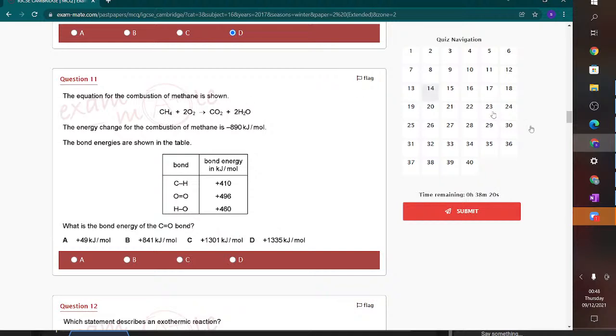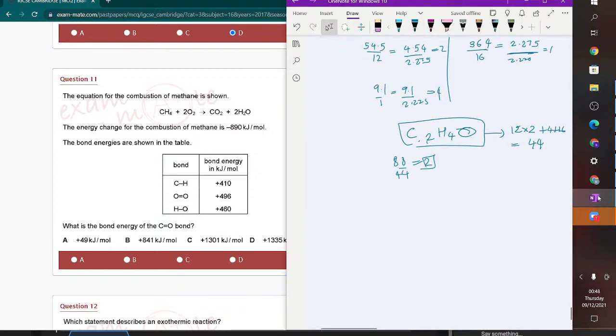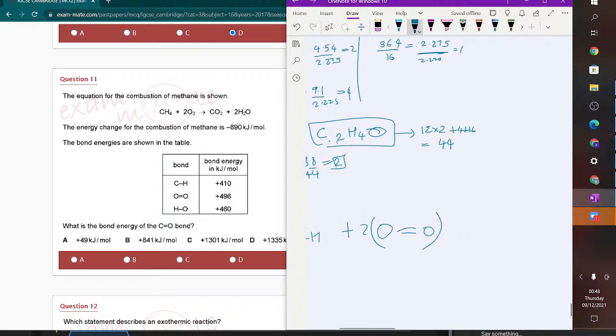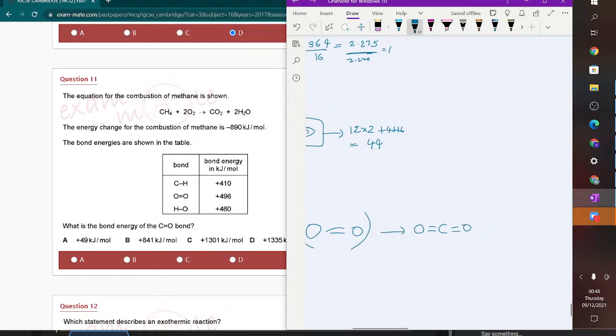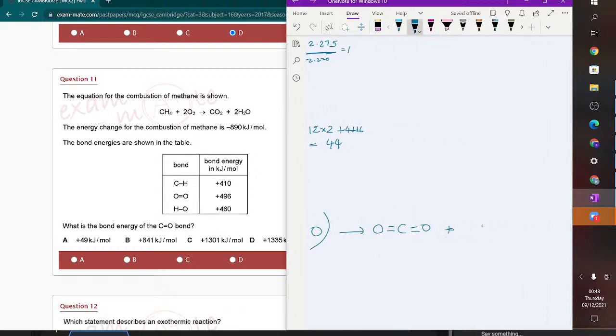Okay, let me just draw the diagram. CH4 plus O2 gives CO2 and H2O.